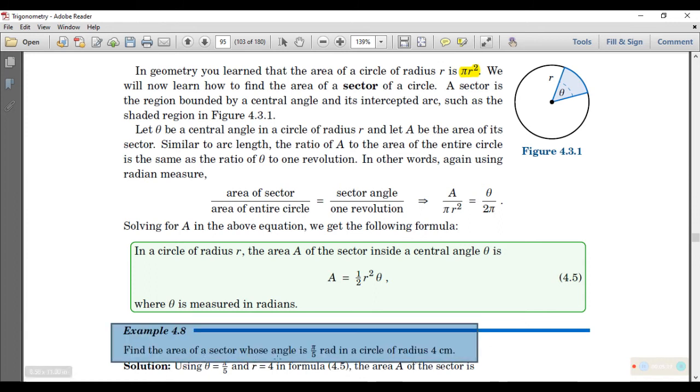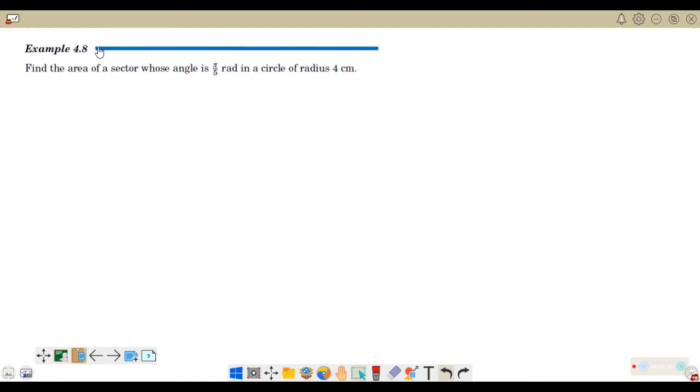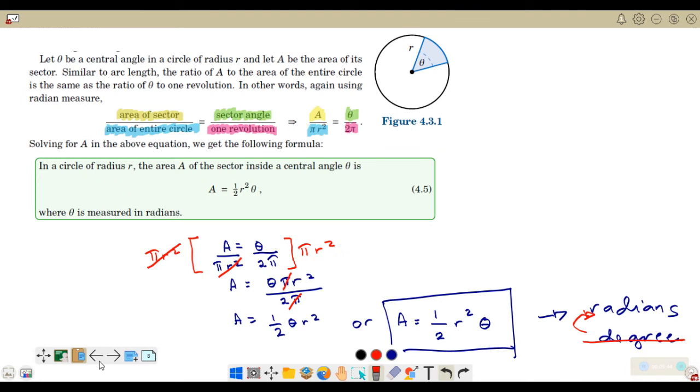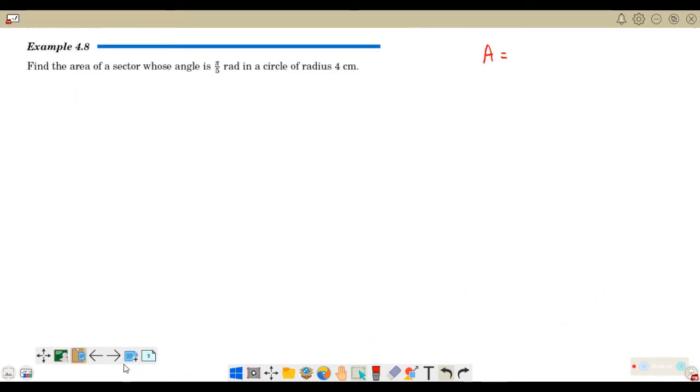We have to find the area of a sector whose angle is pi over 5 radians in a circle of radius 4 cm. So, ang dali lang nito since ang given na sa atin ay angle in radian measure. So, again, sulat natin dito yung formula for the area. Dahil tamad ako, move na lang natin siya dyan.